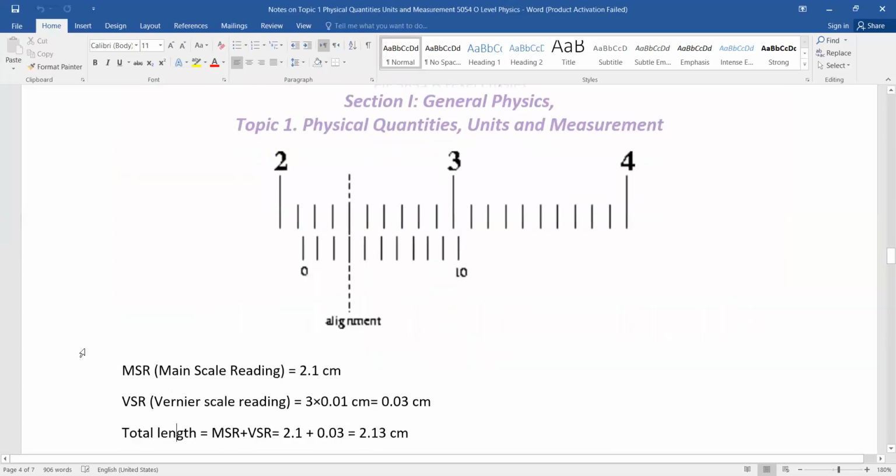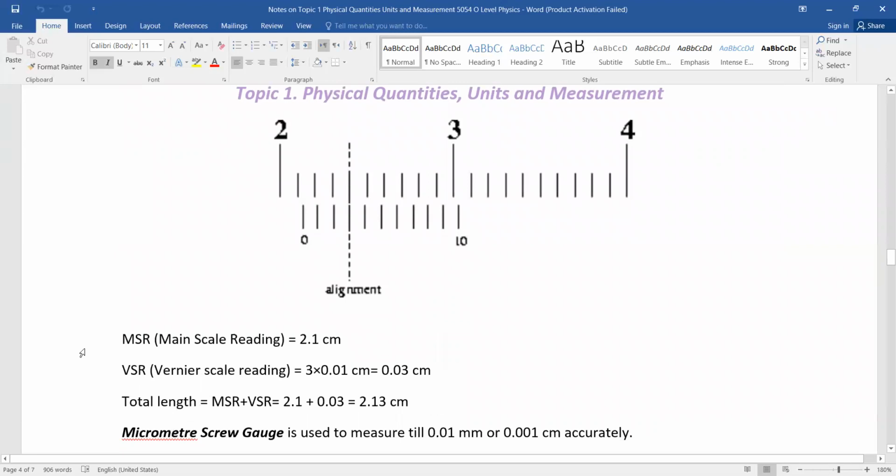This one is more clear now, right? How to get the reading from the vernier scale and main scale, and how to get the total reading accurately. We are going to find that one.